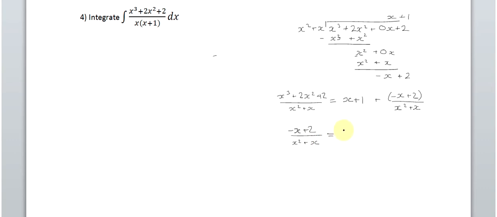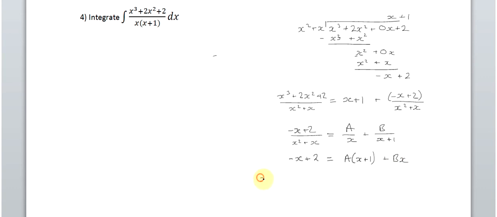And of course we know what that factorises to, so it's going to be a over x plus b over x plus 1. Factors come from the original factorisation, if you didn't notice. So of course that means that minus x plus 2 is equal to a times x plus 1 plus b times x.